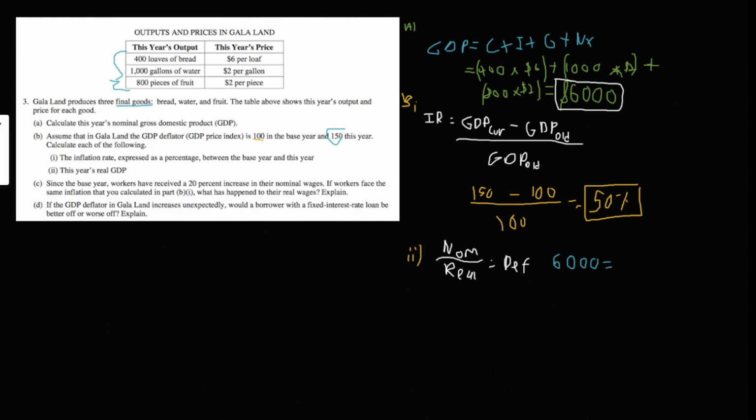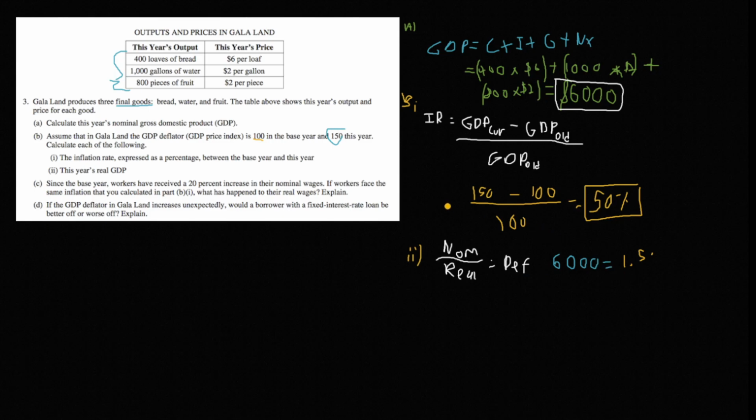Well, our deflator is 150% or 1.5. That is very important. Our deflator is a percentage. It is not a number. So when you are doing math with it, be sure to convert it to its decimal value, because otherwise you're going to be in for a world of hurt when you lose a point.